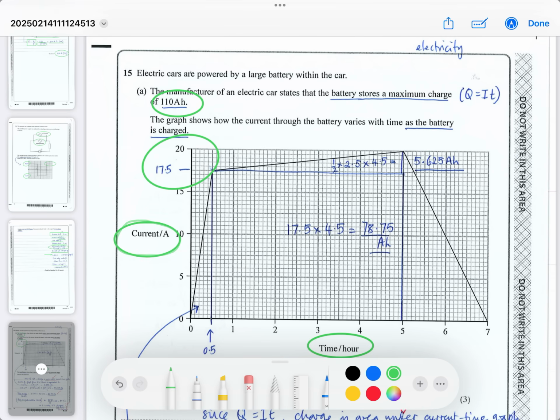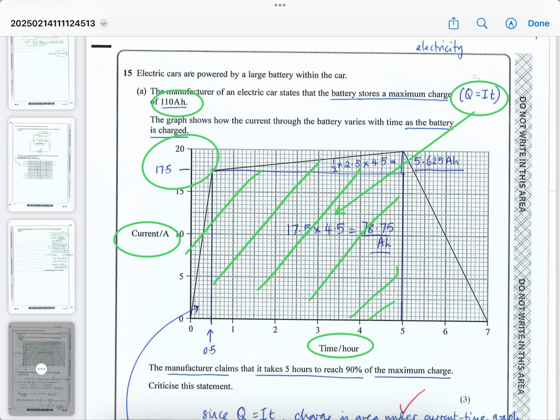So the area underneath a current time graph is current times time. Therefore, the area underneath this graph is charge. Okay? So charge is all of this area up to the 5 hours, because they're going to ask us about 5 hours in the question.